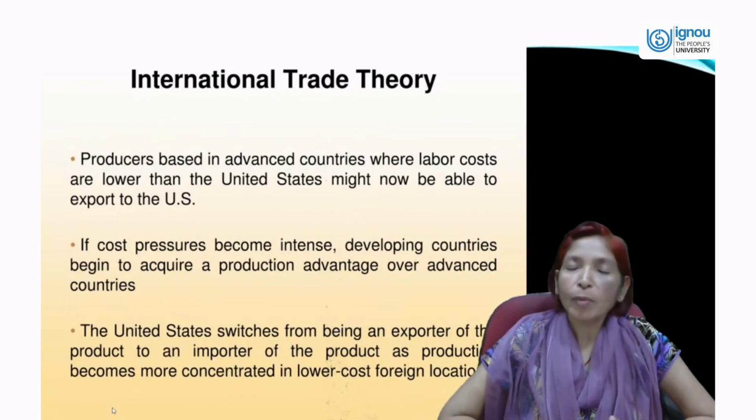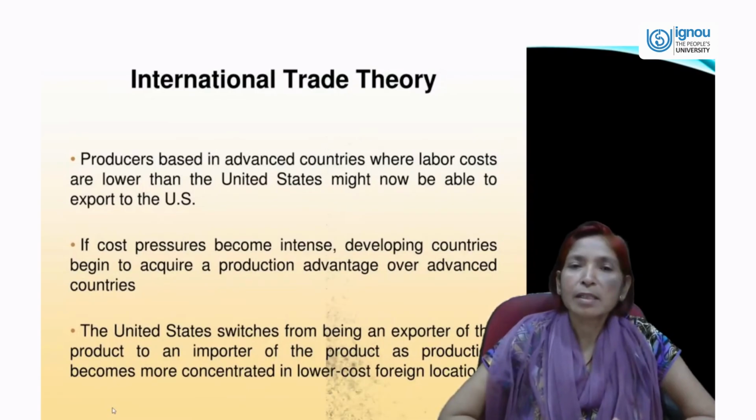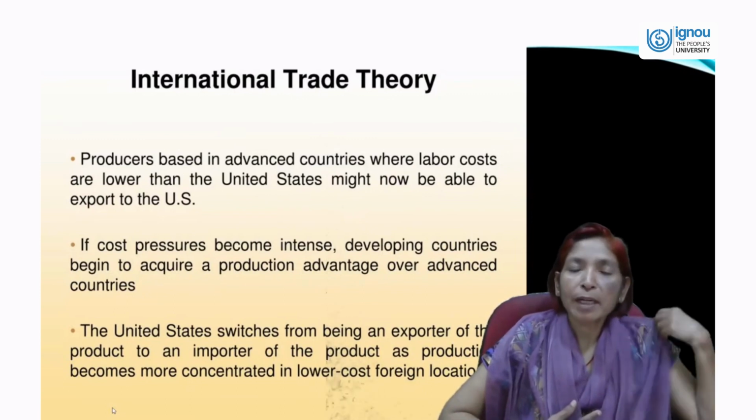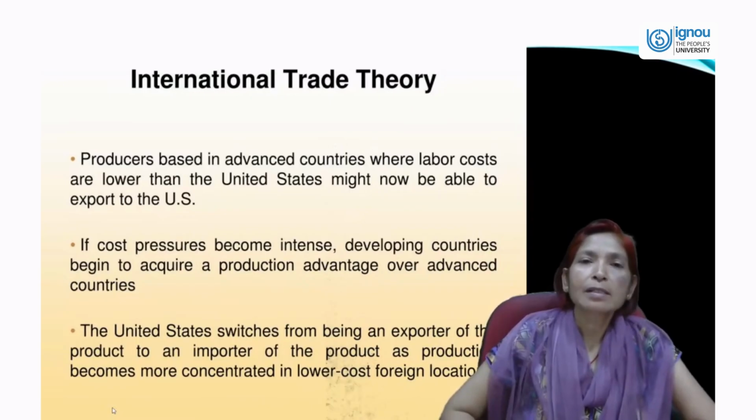If human resources are abundant, then we will produce more labor intensive products in which labor is used more but capital is used less. In the USA, where capital is abundant, they will produce more capital intensive products and they can export capital intensive products to those nations who have less capital availability.